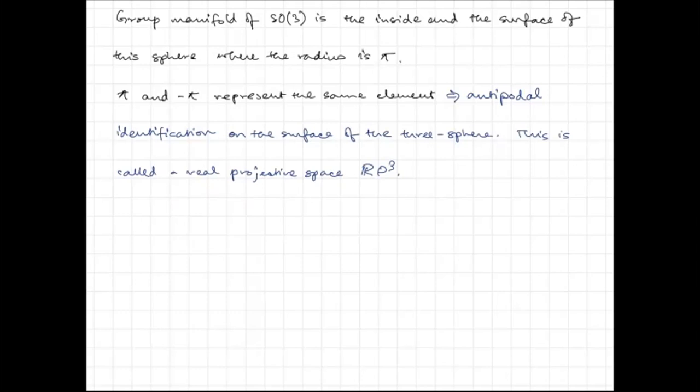So in this sense, SU2 is the universal covering group of SO3.